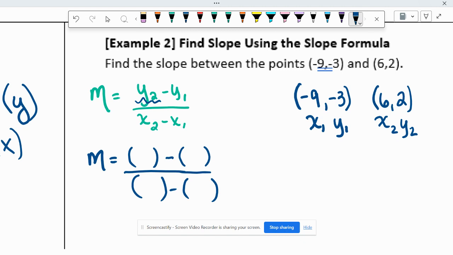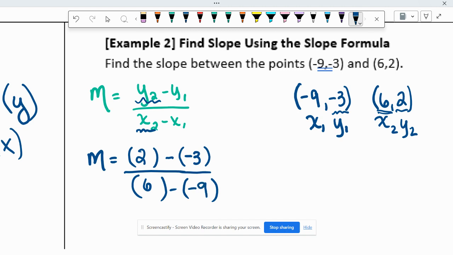Yeah, the coordinate 2 is going to go here. 2 minus, what is the value of y1? So minus -3 over, what is x2? Say it. 6 minus, what is x1? -9.